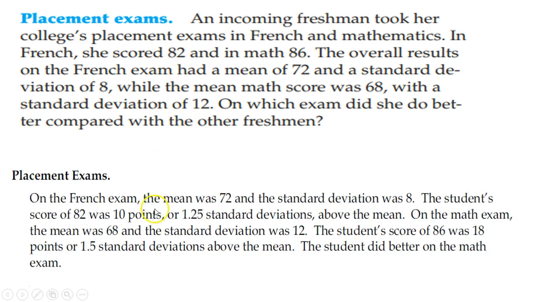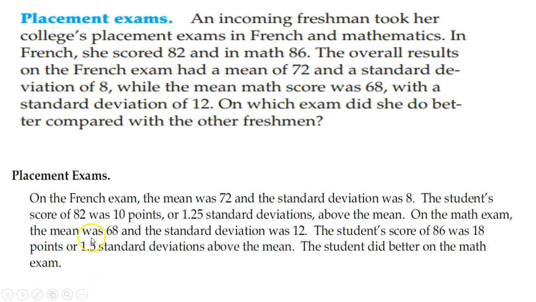So on the French exam, the mean was 72 and the standard deviation was 8, and she scored an 82. The student's score of 82 was 10 points, or 1.25 standard deviations above the mean. Because you take the 82 she got, subtract the average of 72, and divide by 8 to get 1.25, and it is above the mean.